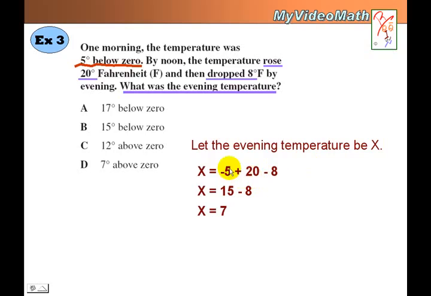So rose means addition, drop means subtraction, so -5 plus 20 minus 8. -5 plus 20 is 15. Take away 8 is 7. So the evening temperature would be 7 above 0 because it's positive.